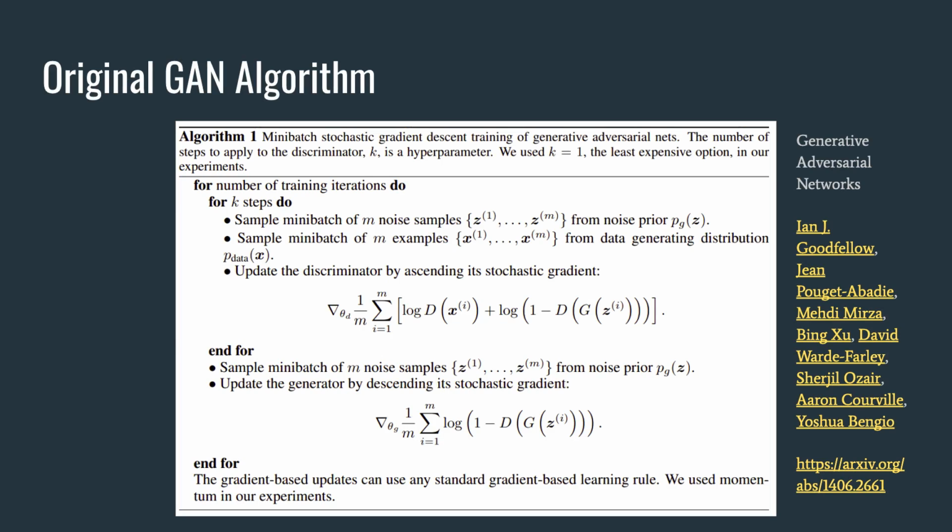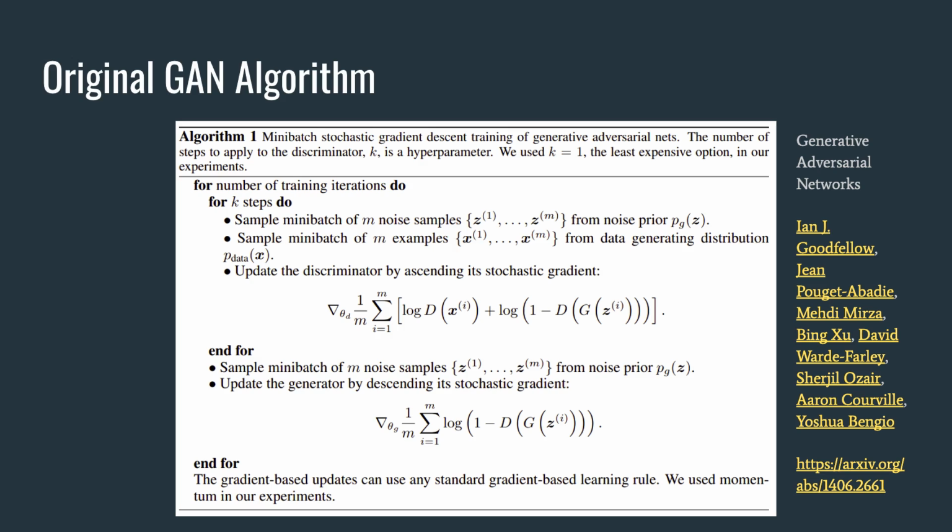This is the GAN algorithm from the original paper. I put it up here because I wanted to make a point that often these algorithms that they write into papers can be included just because it felt like the right thing. But actually, if you look at GAN code, it looks like this.